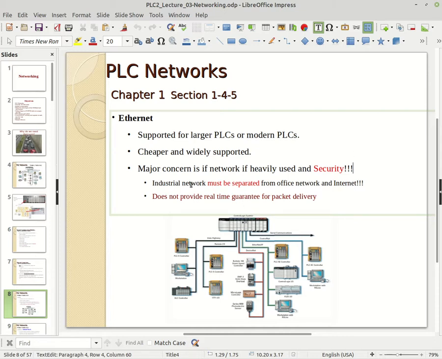So one thing that you really must do, in my opinion, is your industrial network must be a physically separated network from your office network, and should not have an internet connection unless you absolutely have to for a certain application. But if you do, you need to make sure that you have proper security in that connection.